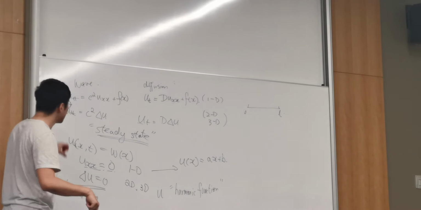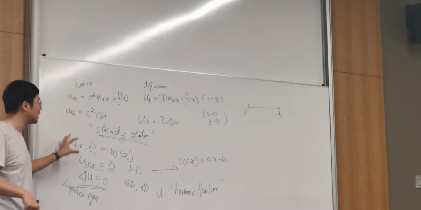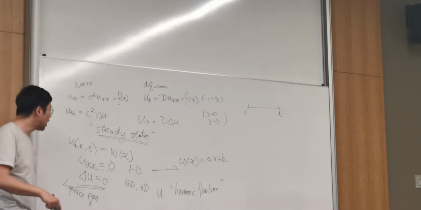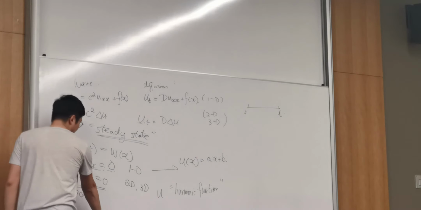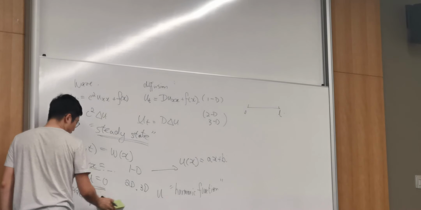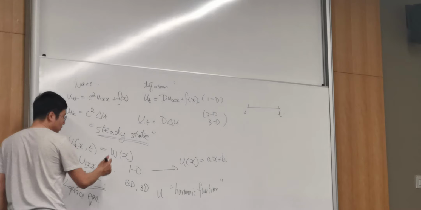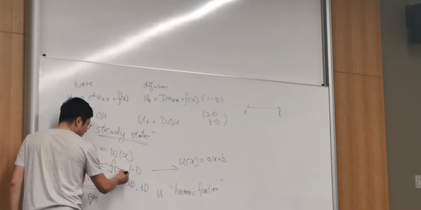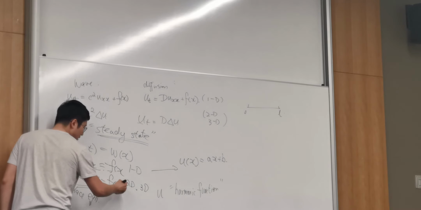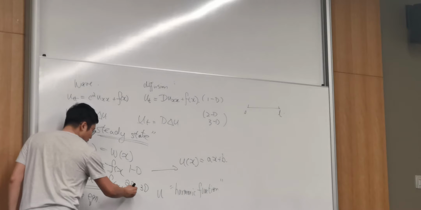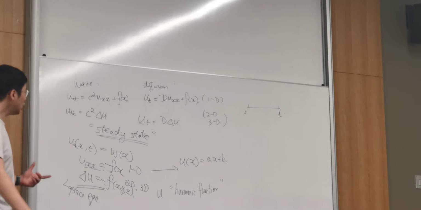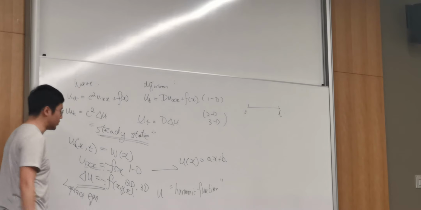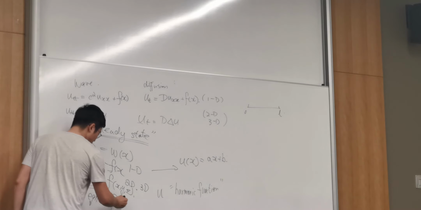Then correspondingly, the steady state is going to change to something like u_xx equals negative f, or in higher dimensions, Laplace u equals negative f(x, y, z). The inhomogeneous version of the Laplace equation is called the Poisson equation.